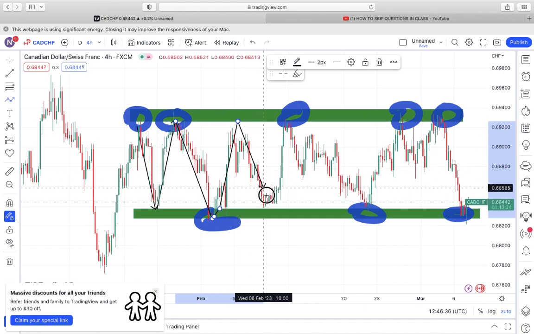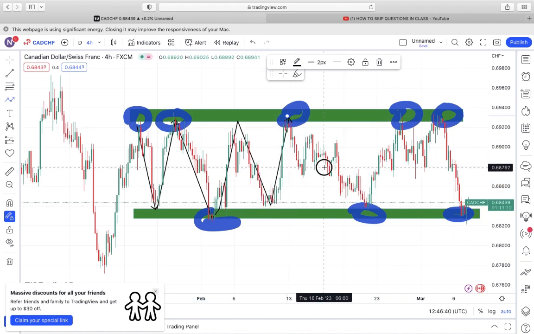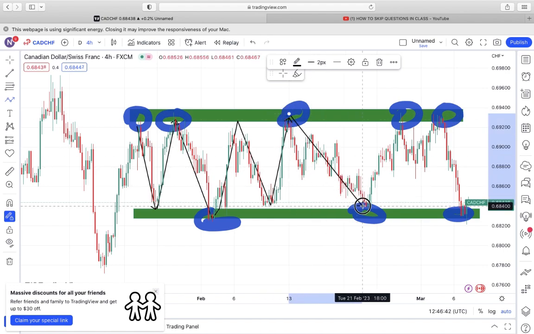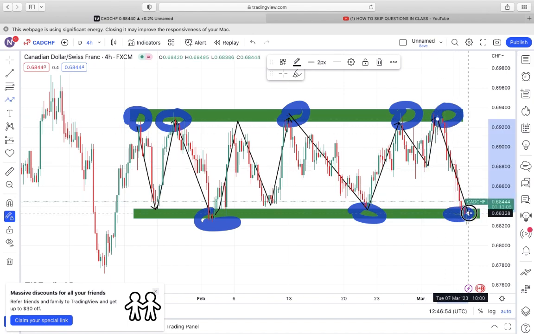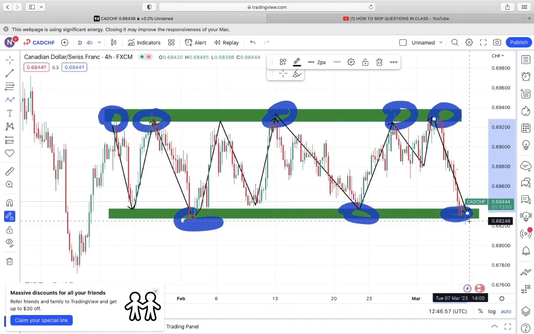The market reached this high, which means it is moving on a low, high, then the market moved here, and moved here again. That is the structure of the market.